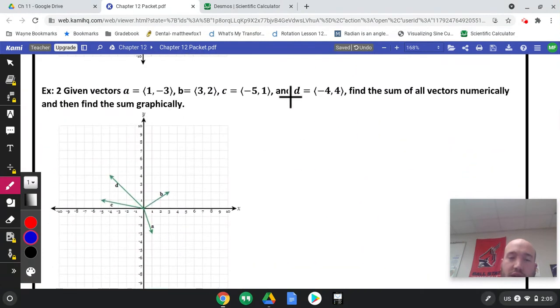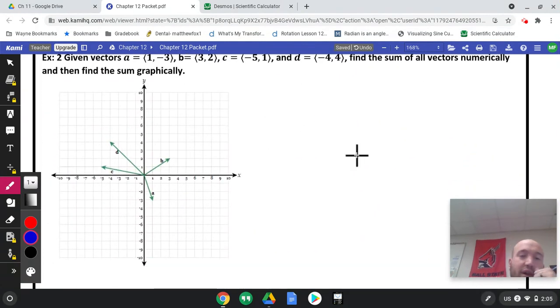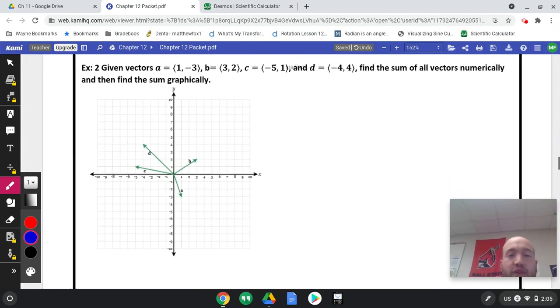So once again, that same concept can be applied when we have multiple vectors. Here we have 4 vectors, okay? So first I'm going to add them numerically. So let's write them out. If we have 1, negative 3, 3, 2, negative 5, 1, and negative 4, 4.